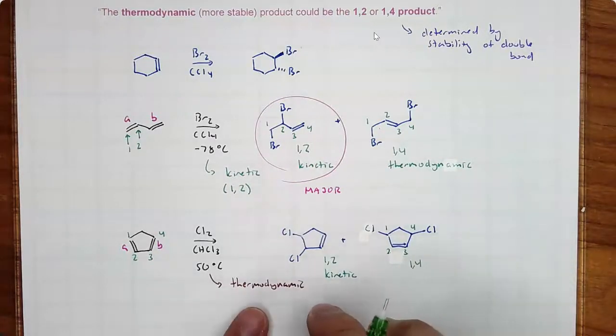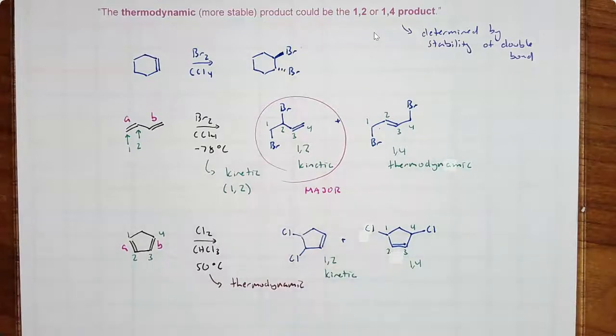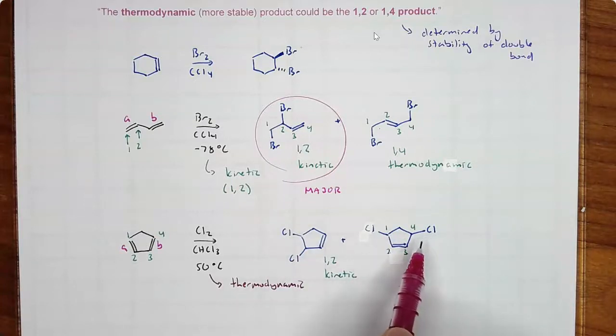I would allow students to circle both. Okay, so we could do it that way. But if I'm going to force myself to figure out which one's more stable, I might probably just go with steric hindrance. Because these two chlorines are bumping into each other, and they're bigger than hydrogens, I would rather have them more spread out.